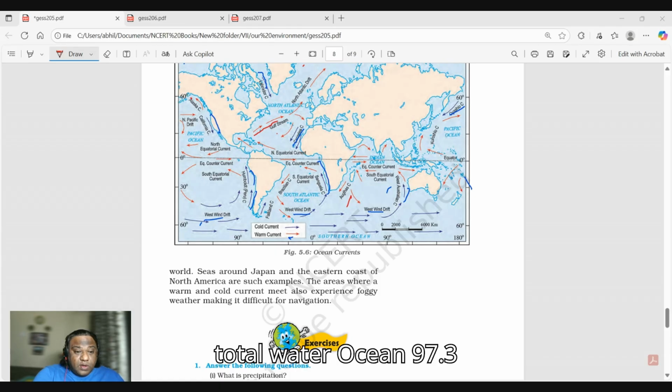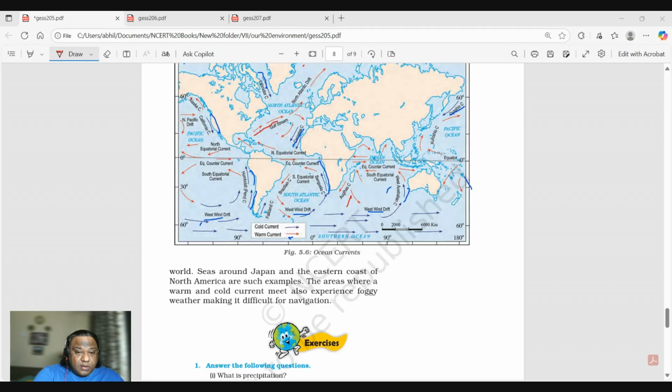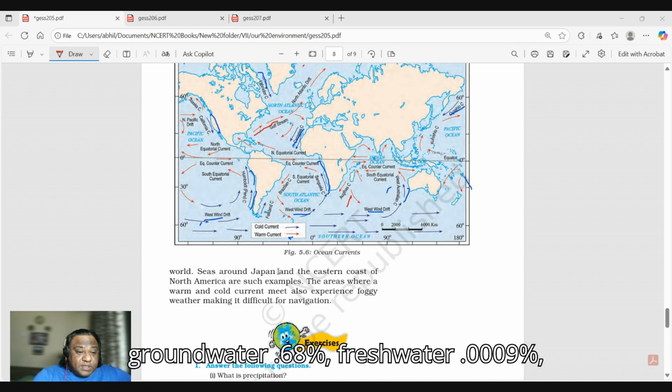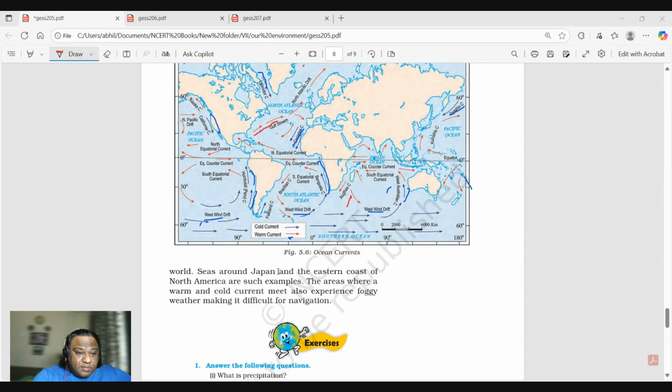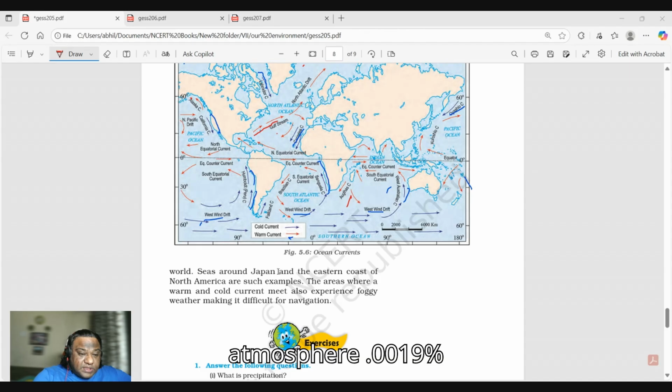Distribution of total water: ocean 97.3% is salty and unusable for drinking, ice caps are around 2%, groundwater 0.68%, fresh water 0.0009%, inland seas and salt lakes 0.009%, atmosphere 0.0019%, and rivers 0.0001%. Most usable for daily needs.